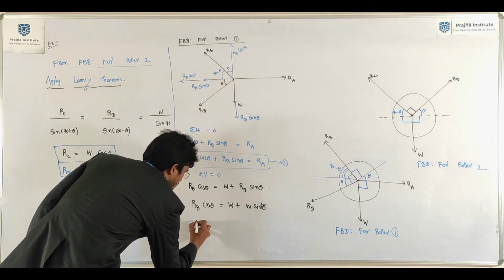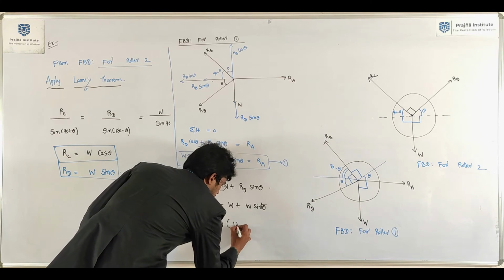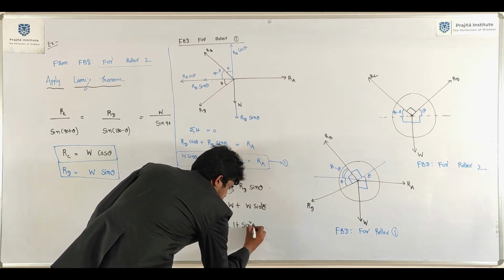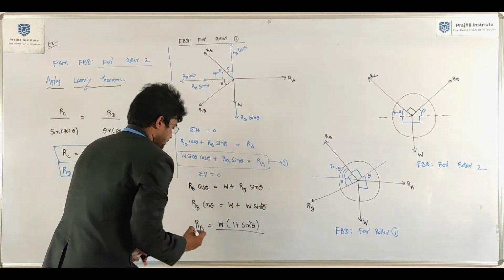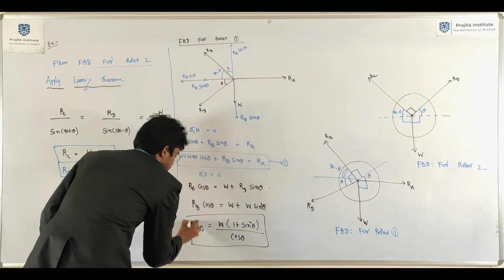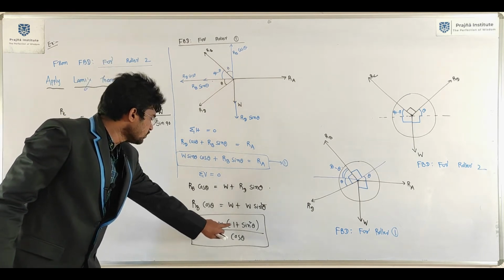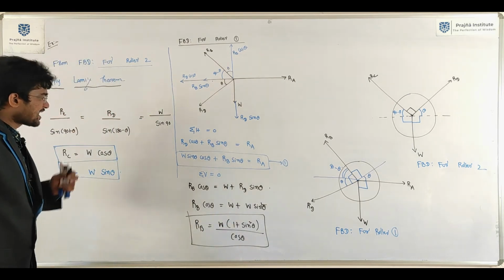Here RB equals W into 1 plus sin squared theta by cos theta.